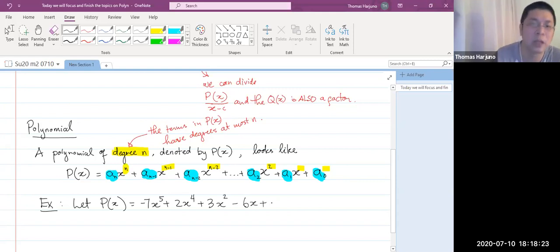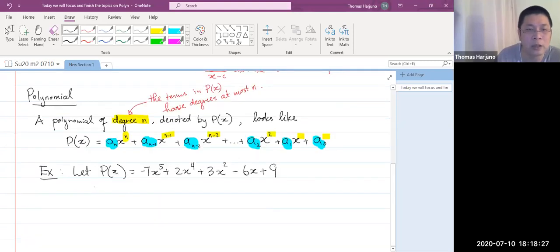Then this polynomial has degree, usually denoted by n, n equals 5. That's the highest exponent. Now, the leading coefficient, a sub n, is called the leading coefficient.